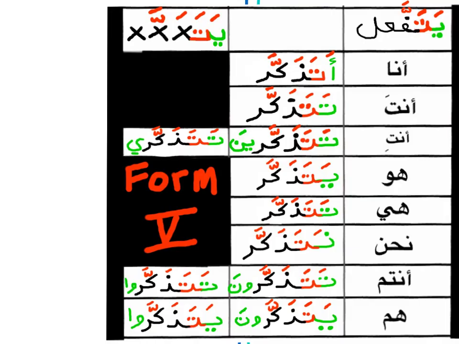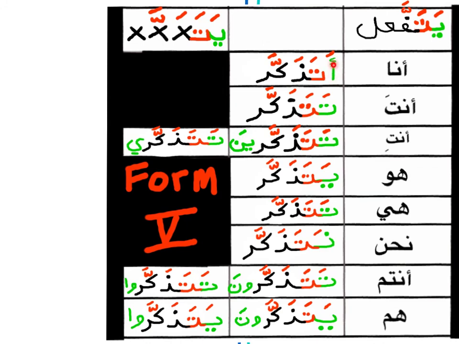Okay, let's look at an example of Form 5. We have يتفعل and the verb is يتذكر. So you have the stem and the pattern يتذكر. With أنا أتذكر.